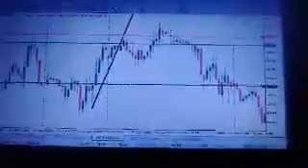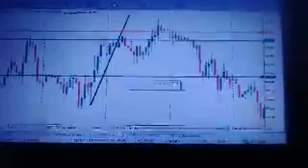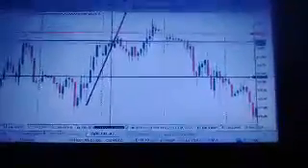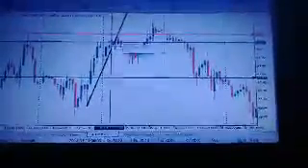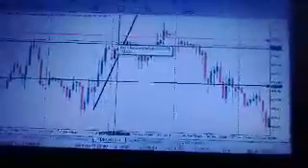Your take profit will be somewhere below these levels. Or what you do is you use a risk to reward ratio. Before you enter, you first see your entry point. Let's say this line is your entry point.